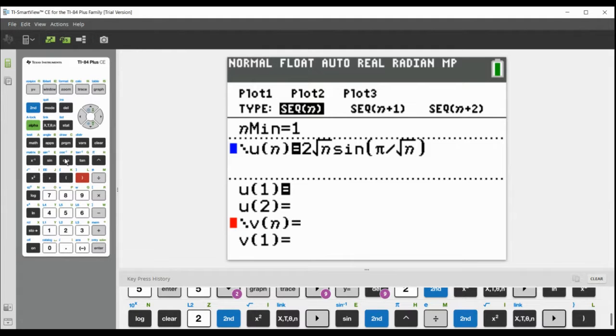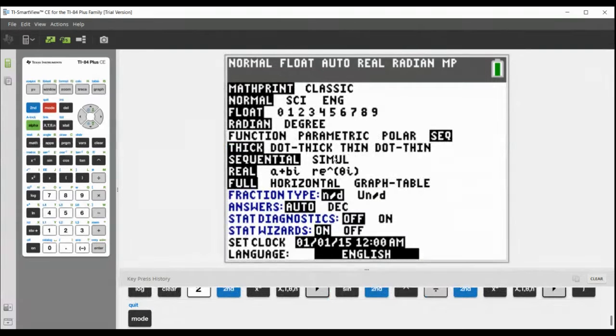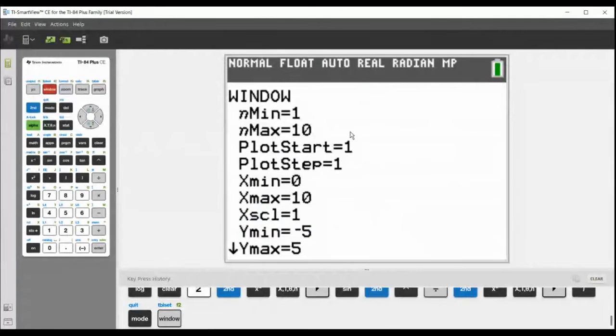Okay. All right. And type that in. I'm letting n equal 1, starting at n min of 1. Let me check my mode again. Let me make sure my calculator is in radians. Yeah, okay, that's good. Let me go to window. So I'll go from 1 to 10.